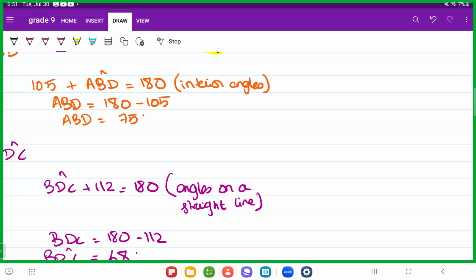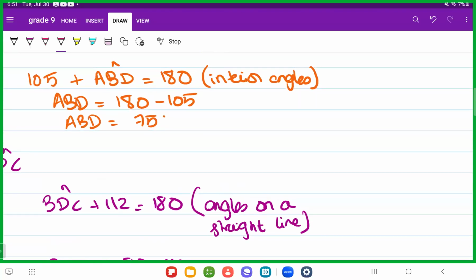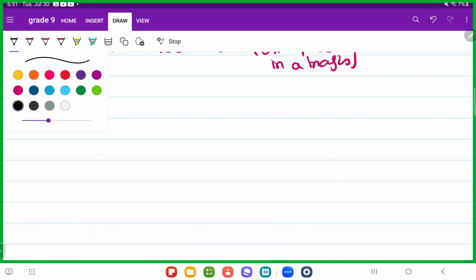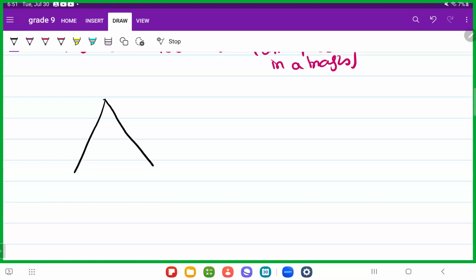Okay, so this is not the working that is required. For example, in the first question, please look on the screen. Can you see the working over here that I have done? The first question is saying they want you to find y. This is 68 and this is 35.